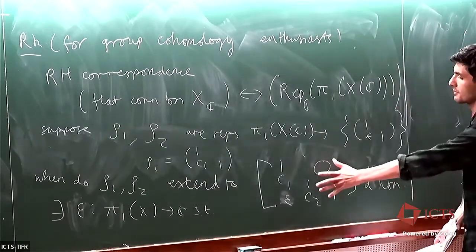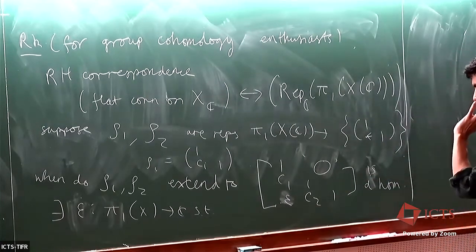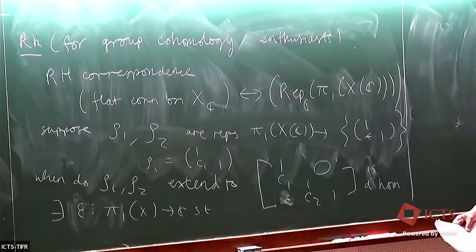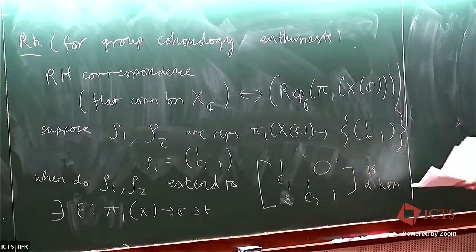So this thing, if you think about it, is an extension of the trivial representation by ρ2, and it's also an extension of ρ1 by the trivial representation. So it's sometimes called a mixed extension.